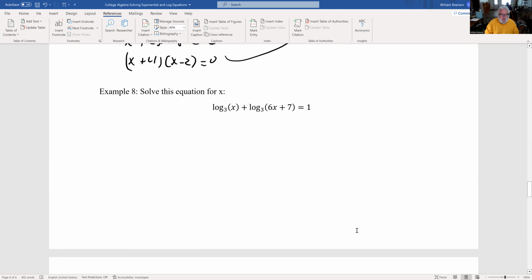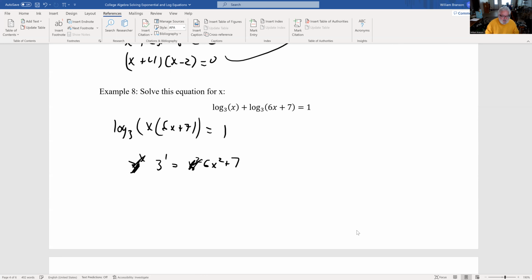So another quadratic, log base 3 of x times 6x plus 7 equals 1. Fundamental rule, 3 to the 1 equals x squared, 6x squared plus 7x.